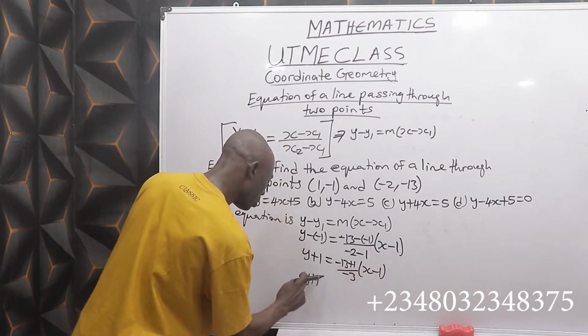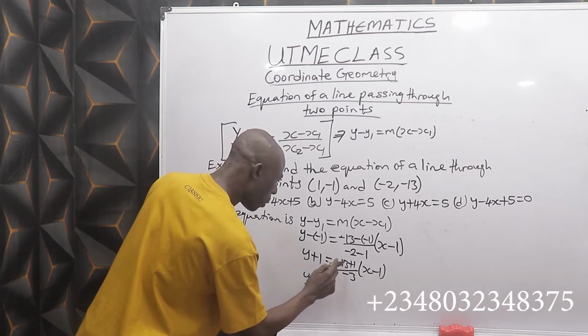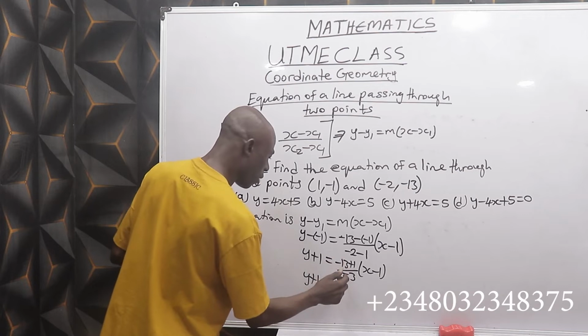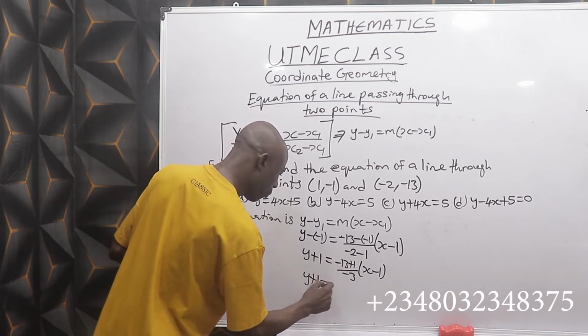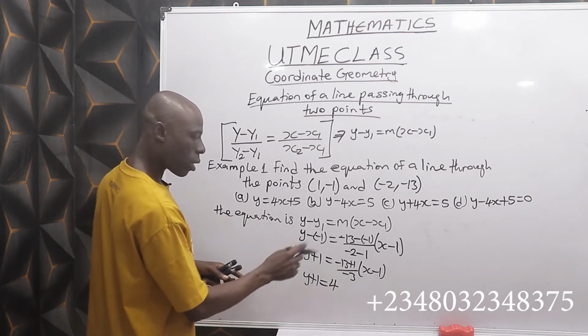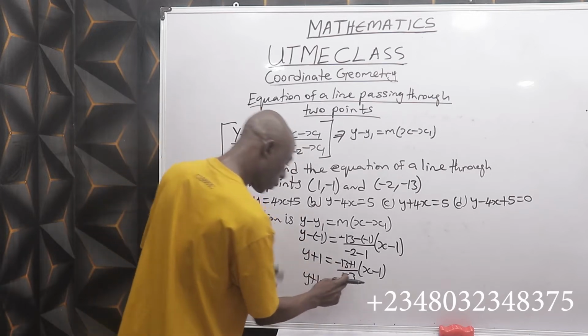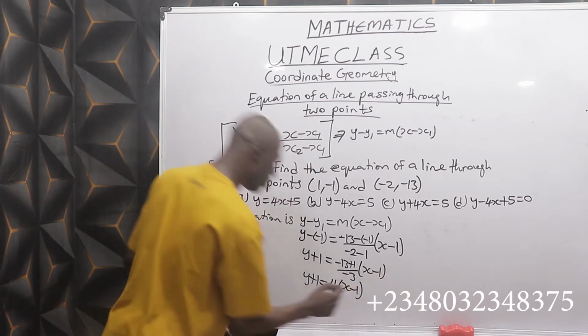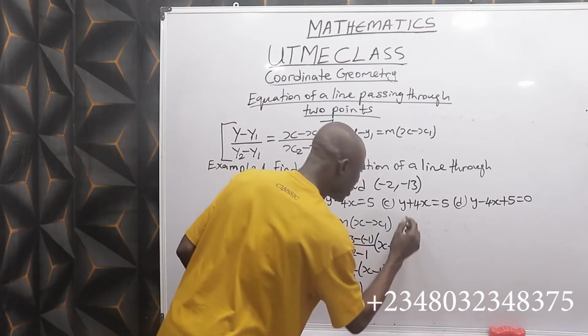Y plus 1 equals minus 13 plus 1, which is negative 12, divided by negative 3, that gives 4. Am I right? Yes, negative 12 divided by negative 3 gives positive 4, into x minus 1. So we've simplified it.